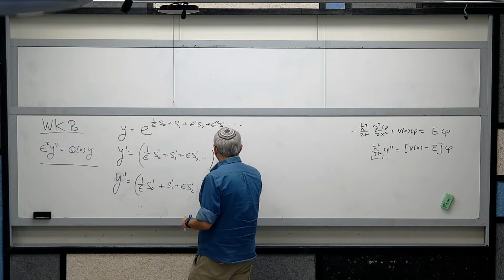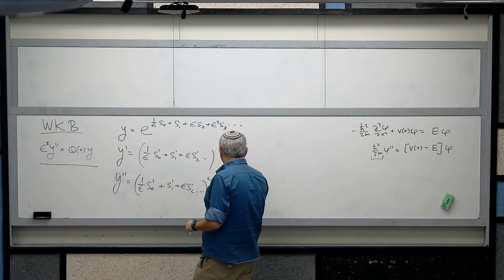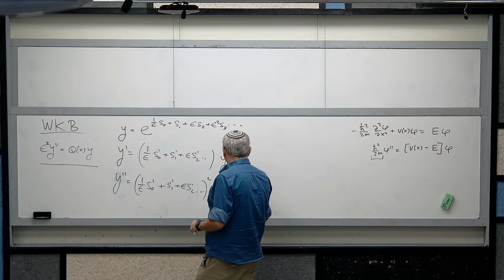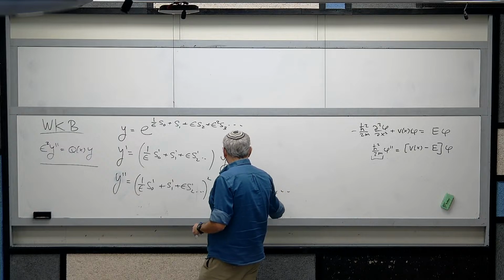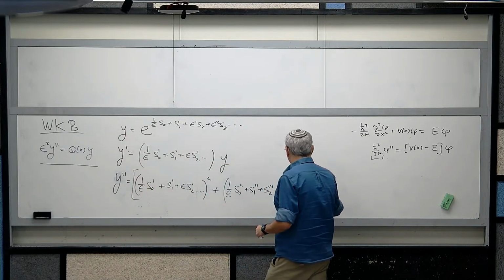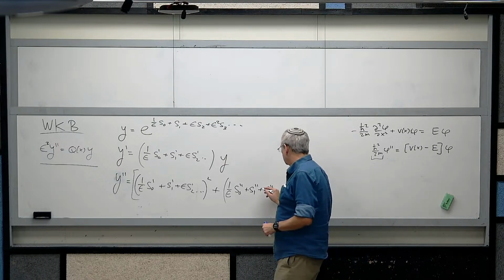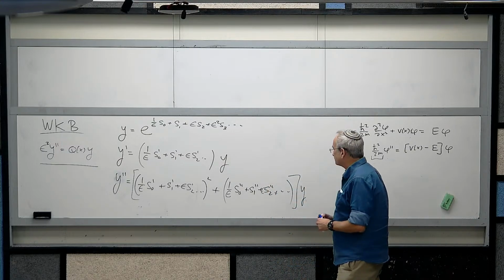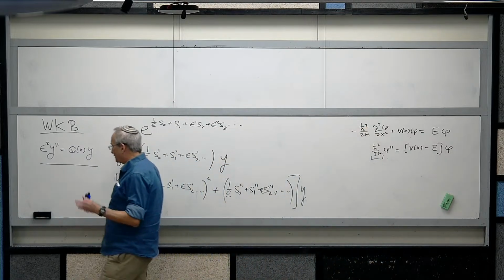This is one option. Plus, what else do we have? We can take the derivative here: 1 over epsilon s naught double prime plus s1 double prime plus epsilon s2 double prime plus and so on. And all this is multiplied by y. Good. So that's all. This is everything.